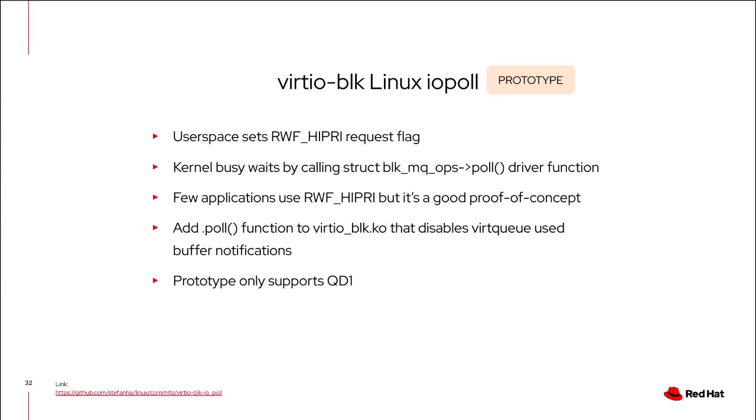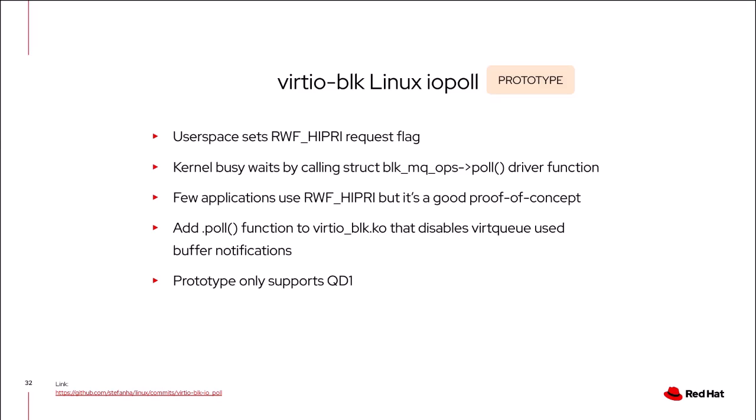The next thing I want to mention is that when we looked at PCI device assignment, we saw how beneficial Linux iopoll is. Polling for the requests from the NVMe driver reduces latency, and it got us the highest IOPS that we've achieved so far: 120K IOPS on bare metal.